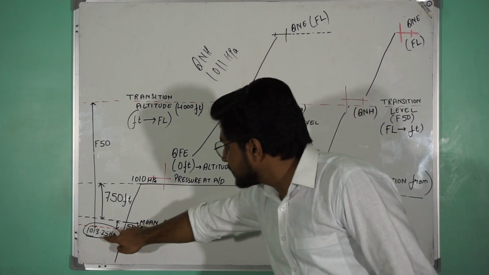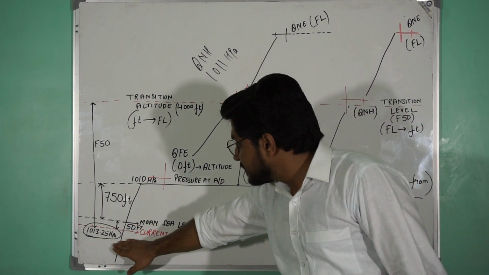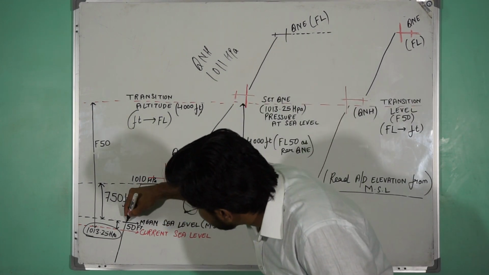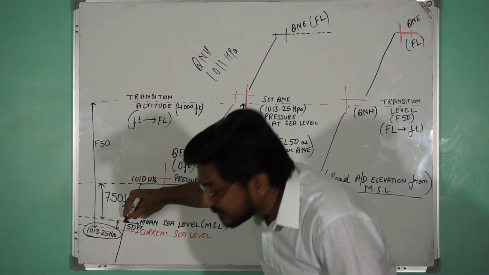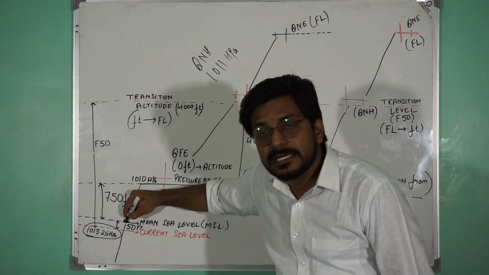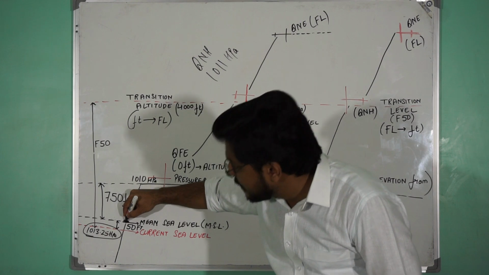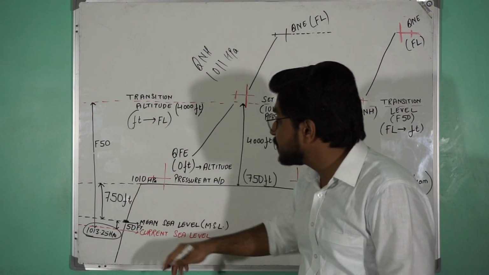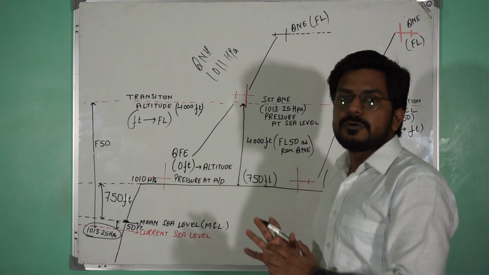I am not experiencing the same pressure at the sea level. This is the pressure you are actually experiencing at this point. This is the mean sea level point. So at this mean sea level, the pressure is 1011 as per the current scenario.